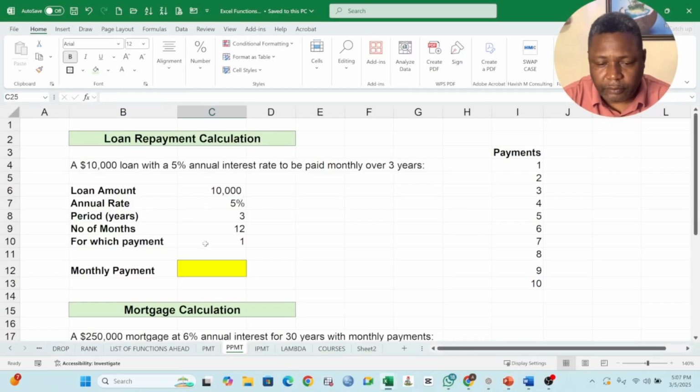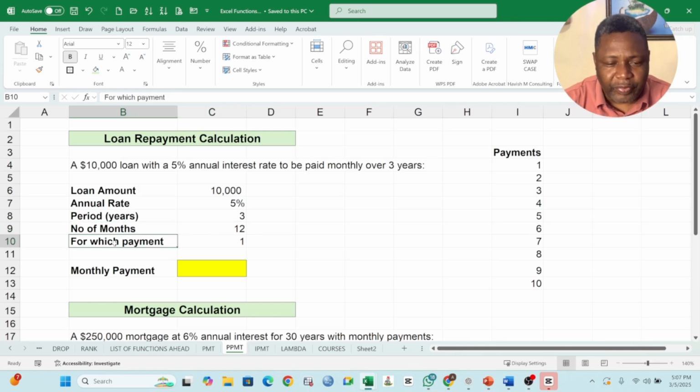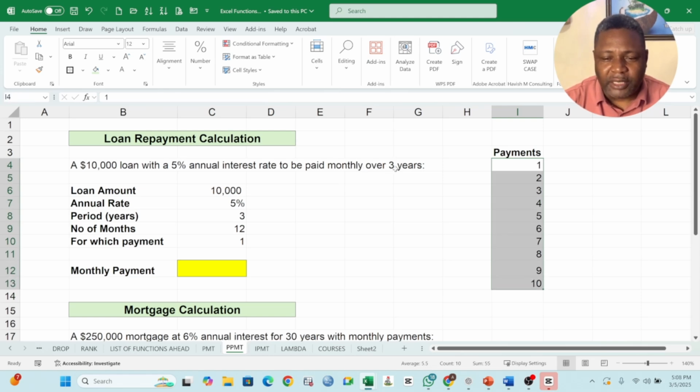Now, the PPMT function has the following parameters: the loan amount, the annual rate, the period in terms of years, the number of months you are calculating for, and then which payment we are talking about. Payments are structured for these 3 years.